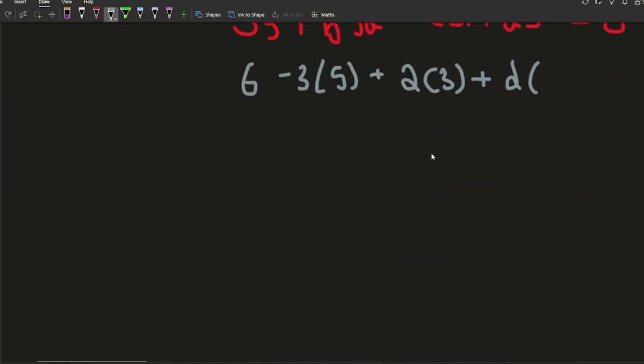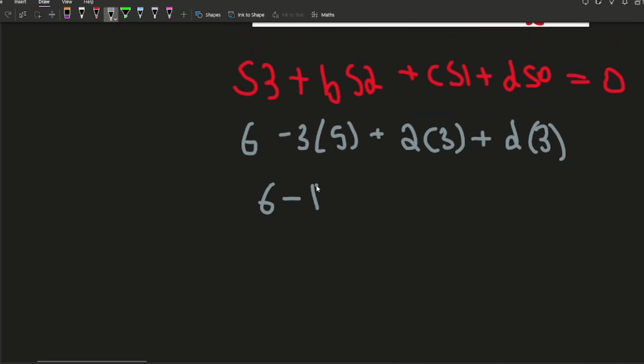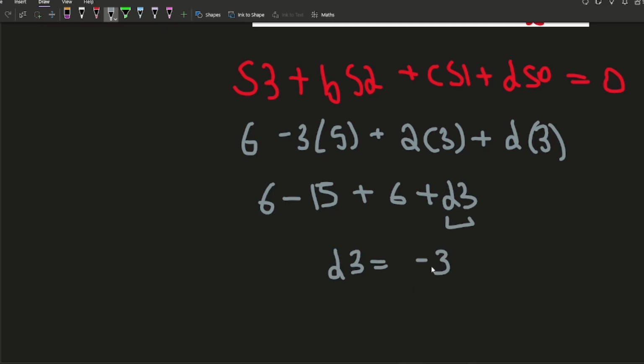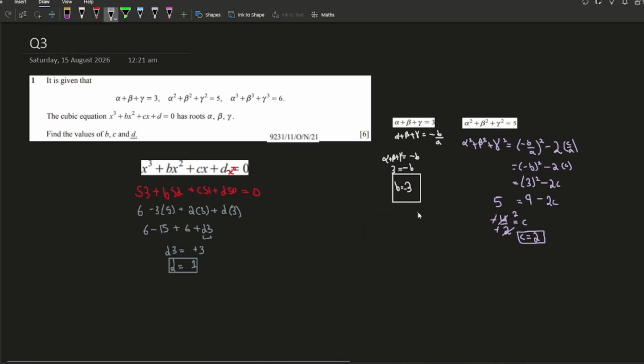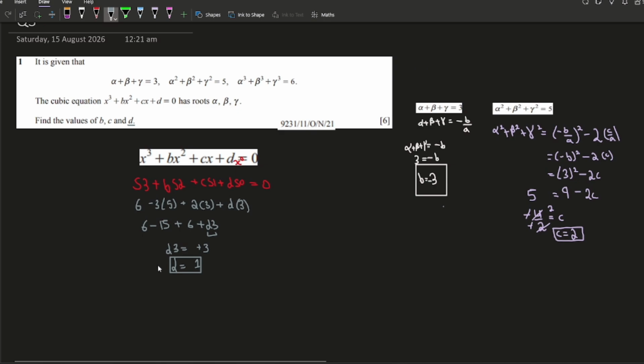Okay, so 3d, so this would be 6 equals minus 15 plus 6 plus 3d. Let's make this the subject. So 3d will be equals to minus 3, positive 3. So d will be equals to 1. And these are our answers. b equals minus 3, c equals 2, and d is equals to 1.